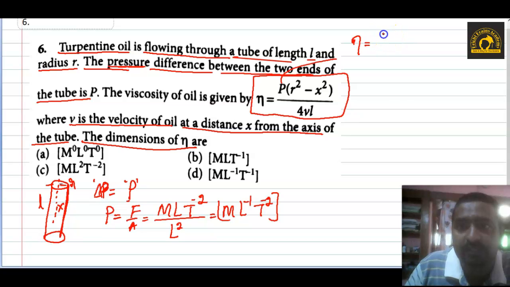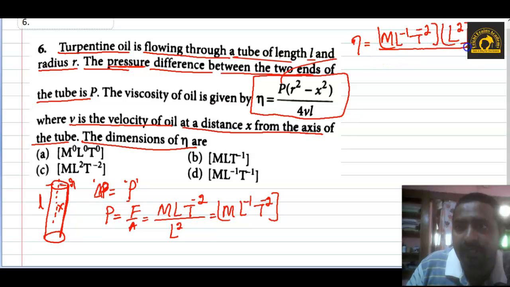The P value is M L^-1 T^-2. Then R squared, both are distances, that is L squared.